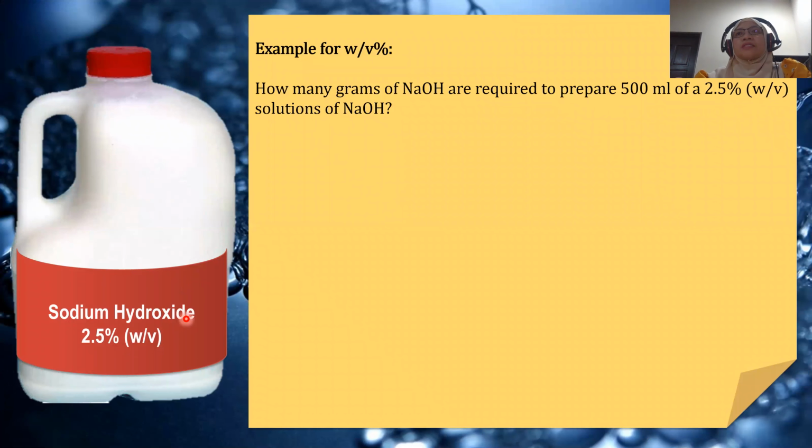So now let's look at this example of how we can use the percent solution in order to dilute the cleaning chemical that we need. The question asks you to calculate how many grams of sodium hydroxide are required to prepare 500 ml of 2.5% weight per volume solution of sodium hydroxide.